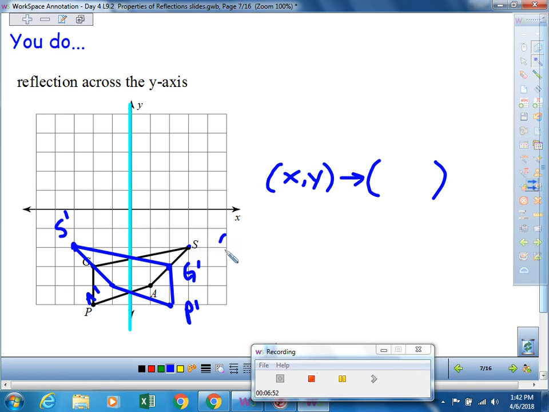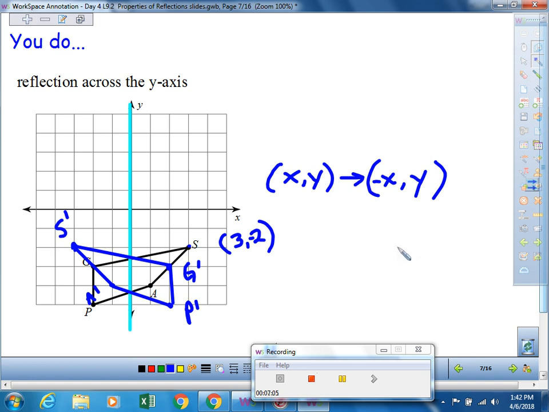So if I took the ordered pair for S, which is 3, negative 2, then if I'm going to go over the y, the y remains the same.